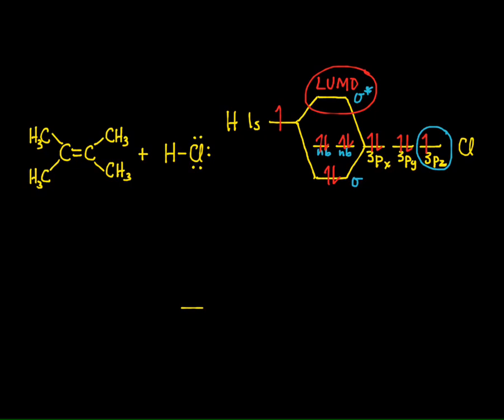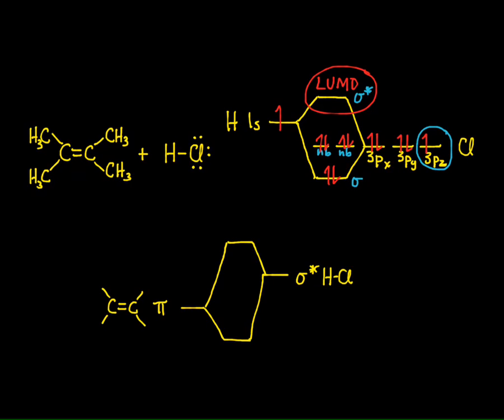And so what happens is I'm going to take my pi orbital of my alkene and mix it with the sigma star antibonding orbital of HCl. So the highest occupied molecular orbital is the pi molecular orbital of the alkene, and the lowest unoccupied molecular orbital is the sigma star of HCl.